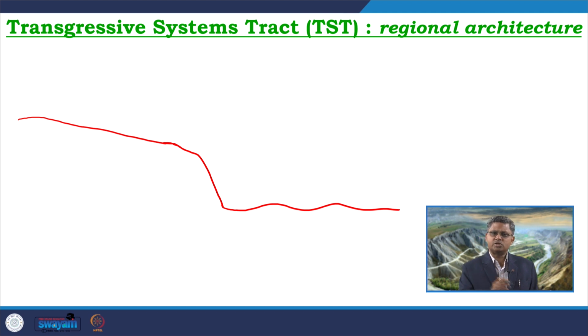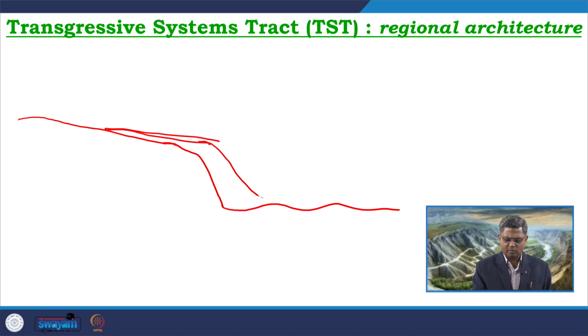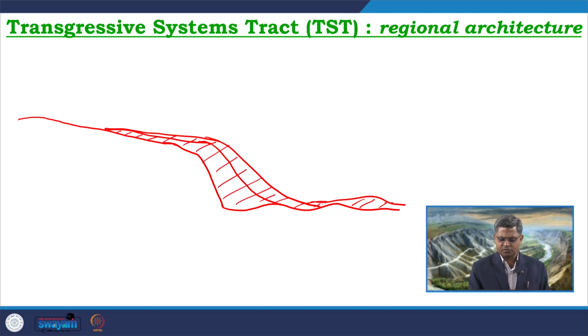During the lowstand phase, we have also seen that there will be progradation of the fluvial systems and the delta system, which will form a delta over here, and also some low density turbidites in this portion. So, this part is the LST phase that formed during the lowstand systems tract.